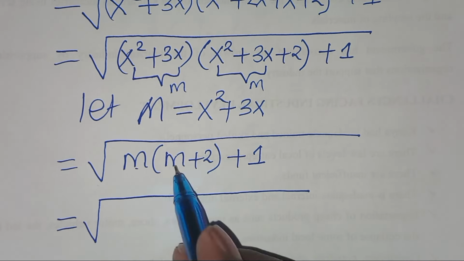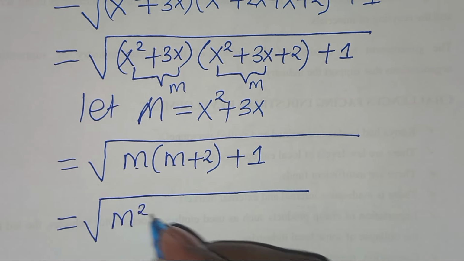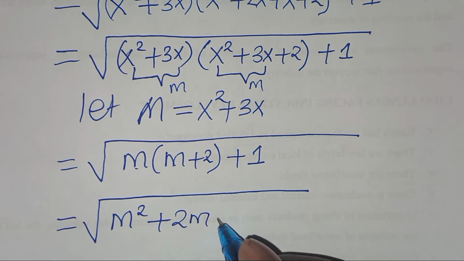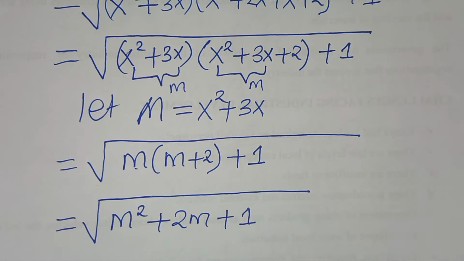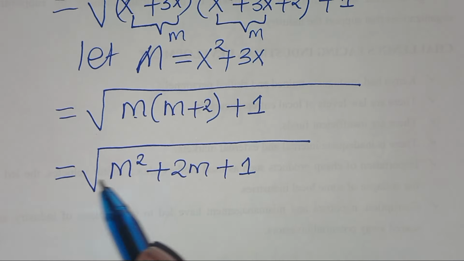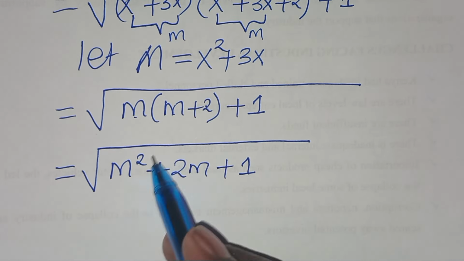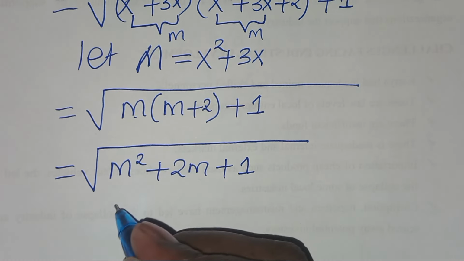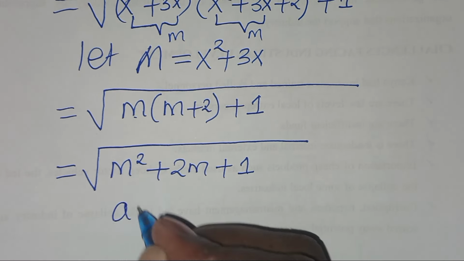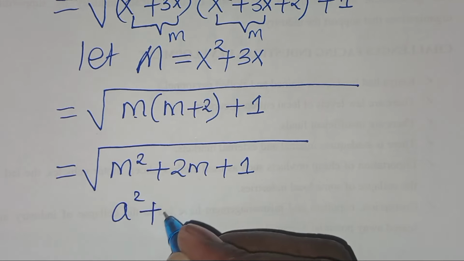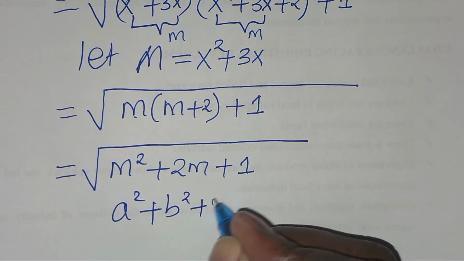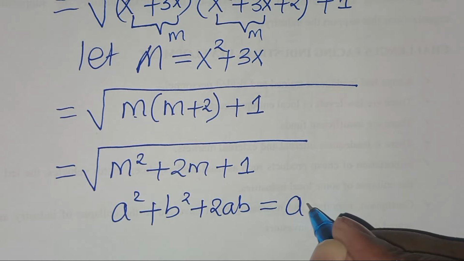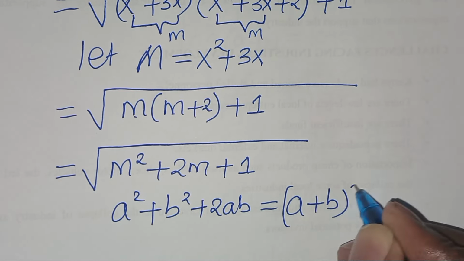We have m times m, this is m to power 2, then plus 2 times m, this is 2m, then plus 1. Now, the square root of m squared plus 2m plus 1 is actually in the form of a squared plus b squared plus 2ab, which we can express as a plus b squared.